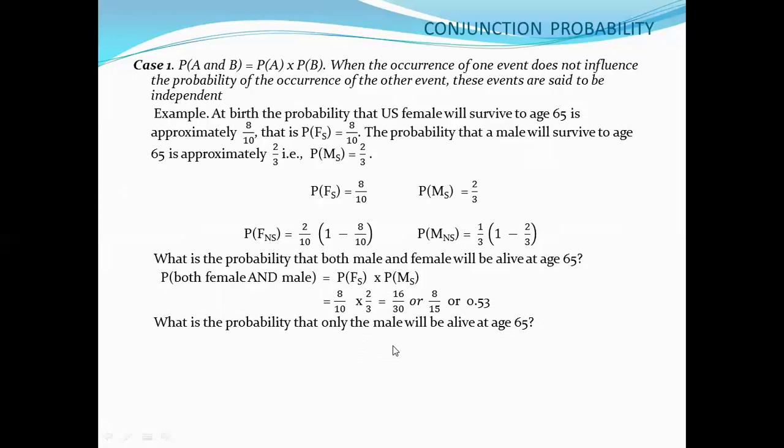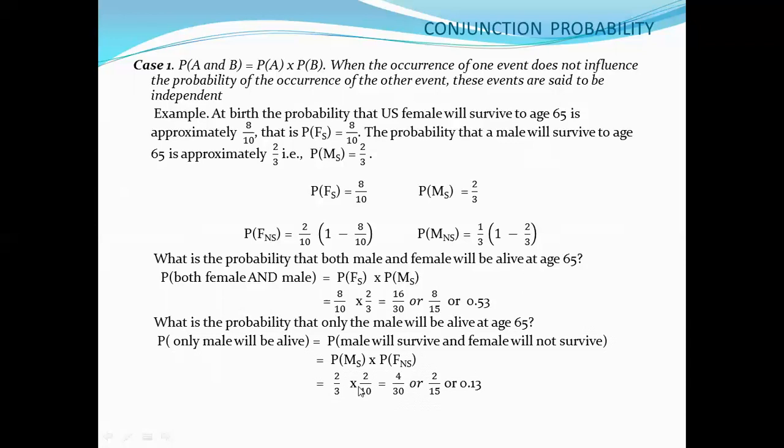The solution would be this one. So we get the probability that male will survive and female will not survive. Again, by the formula, we multiply the probability that male will survive times the probability that female will not survive. So that's going to be 2 over 3 times 2 over 10. So that gives us 4 over 30 or 2 over 15 or 0.13.